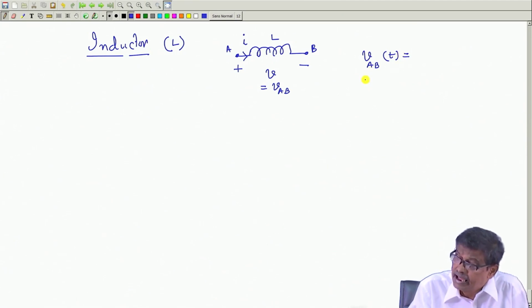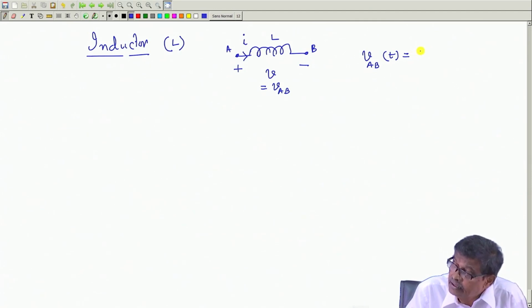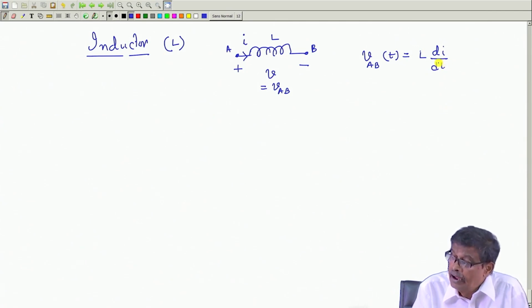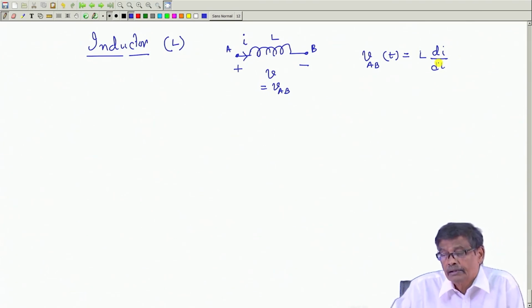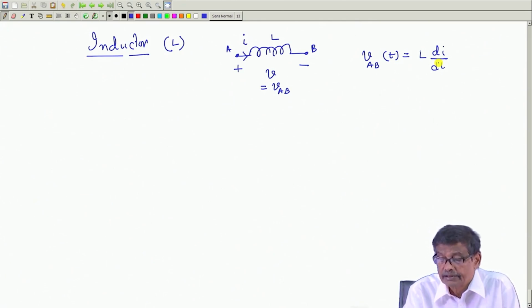So, v_AB(t) at any instant, what is the voltage across the inductance will be L di/dt, and the polarity of the voltage is plus and minus, like that, through whichever terminal current is entering, that will be the plus sign of this voltage.